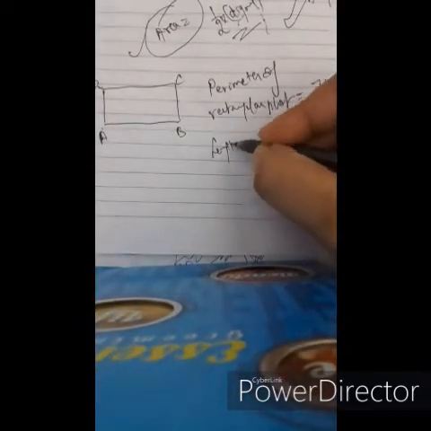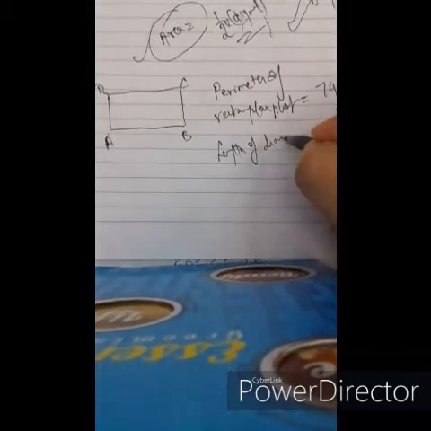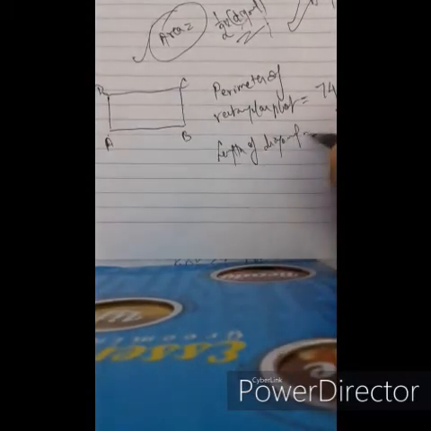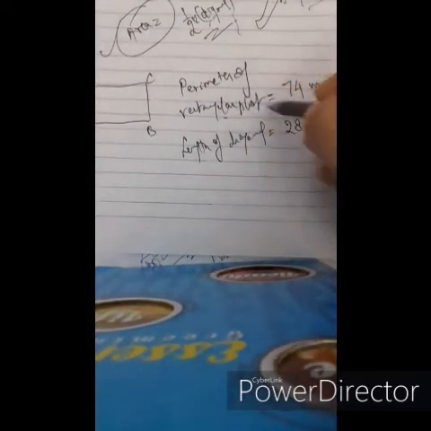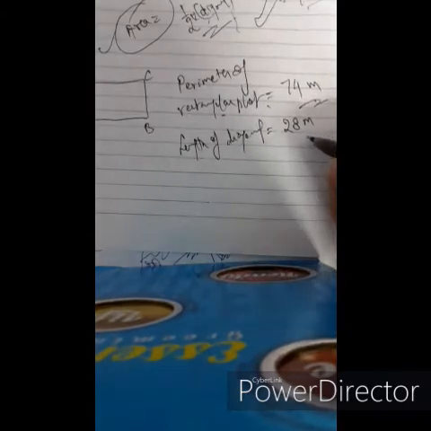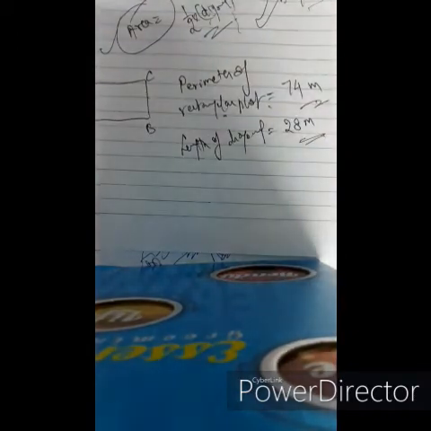Length of diagonal is given 28 meter. We have to find the area.